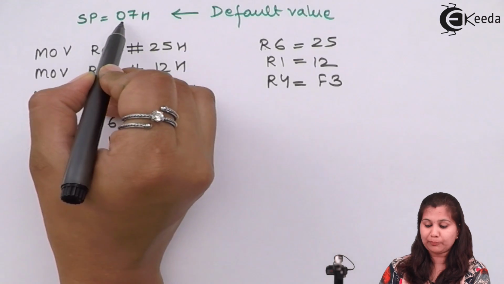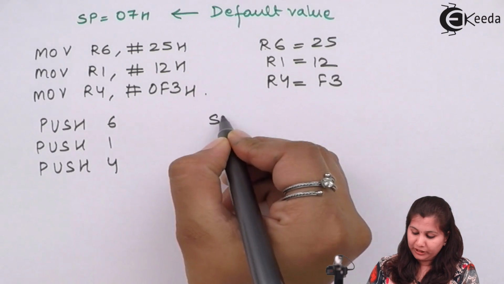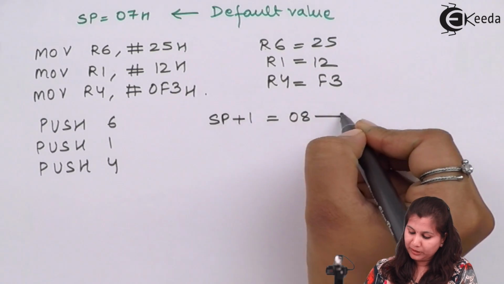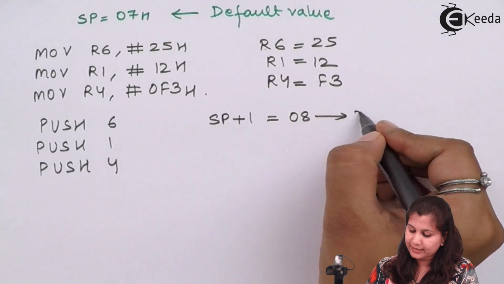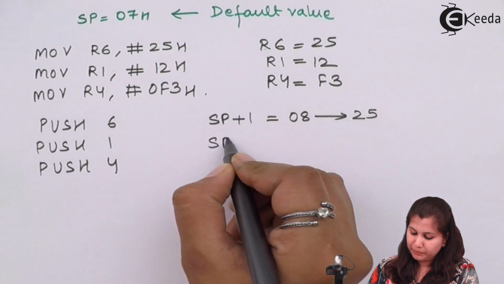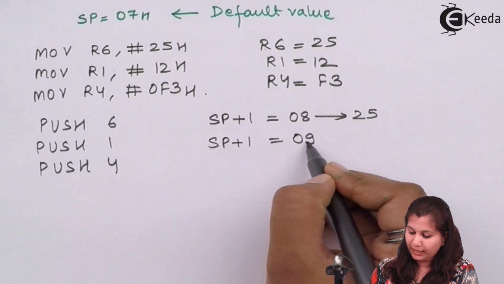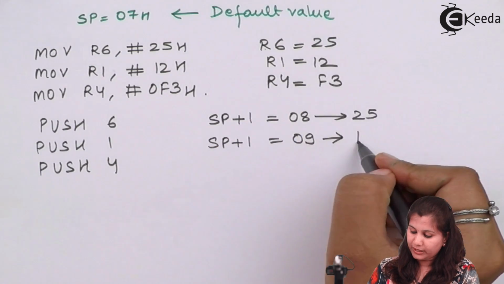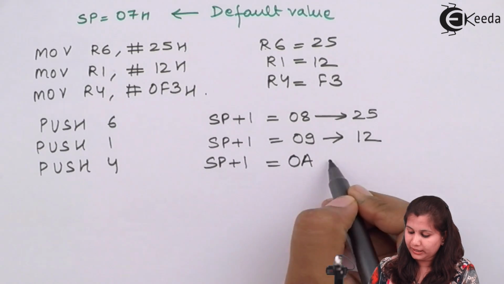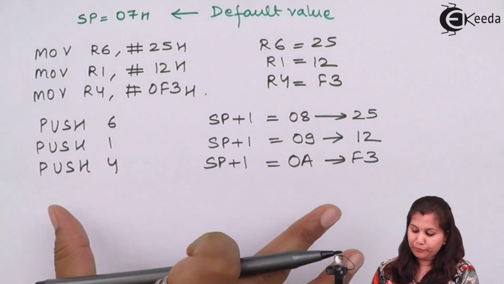Earlier the stack pointer was initialized at 07. Whenever the push instruction is written, the stack pointer is incremented by 1, so it will become 08. At this 08 memory location, the R6 register contents, that is 25, will be stored. Again it is incremented by 1, SP plus 1, because now the stack pointer is at 08. It is incremented to 09. Next register 1 is stored, that is 12. Again push is there, the stack pointer is incremented, it will become 0A, and next the R4 register is stored. So this is about the push instruction.